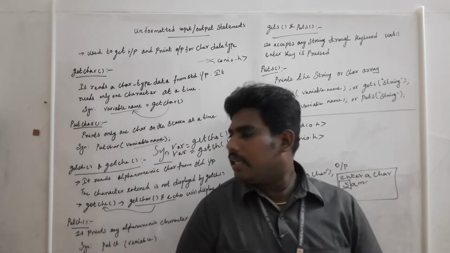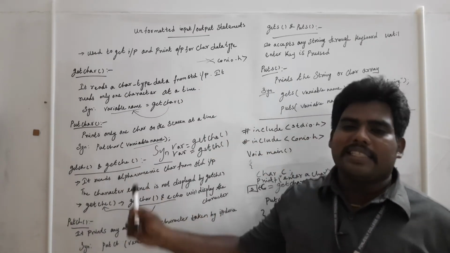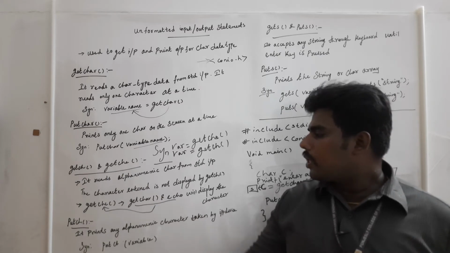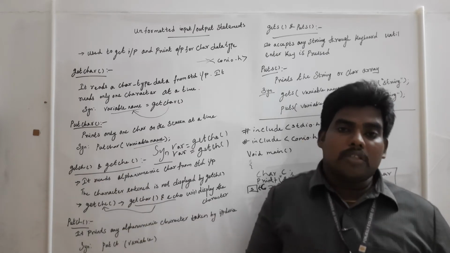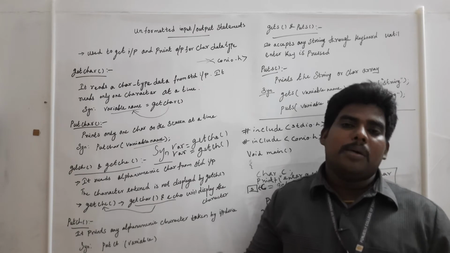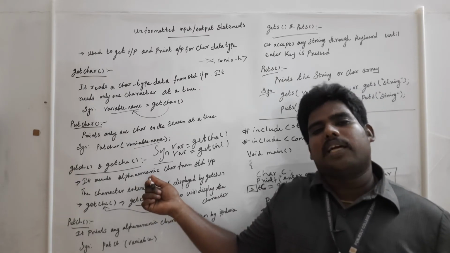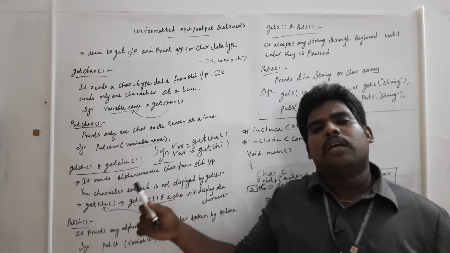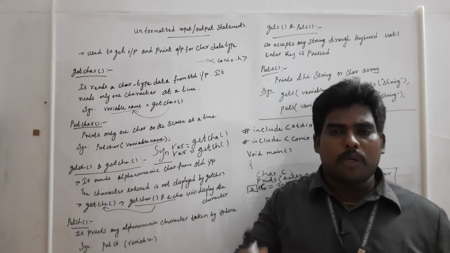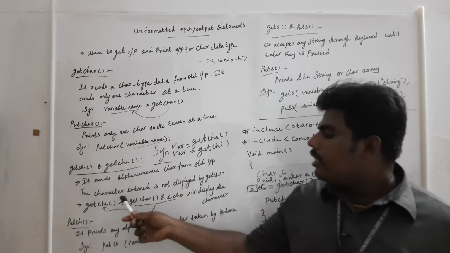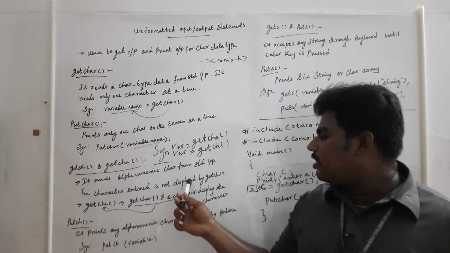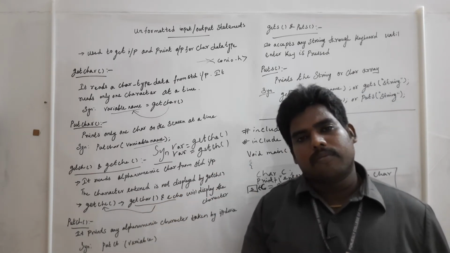The next ones are getch and getche. Getch is also similar to getchar, but the only difference is it will get an alphanumeric character as input. Alphabets and numbers are both accepted as input. The main difference is that the character entered is not displayed.